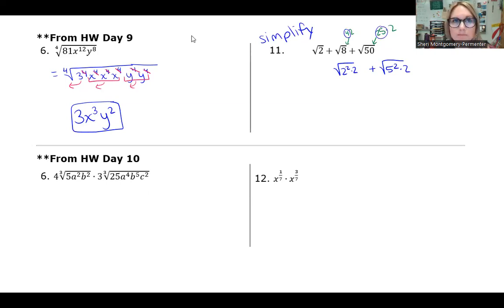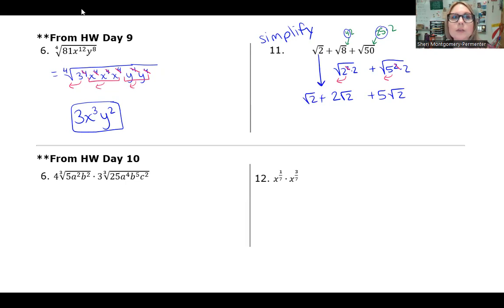So now when I take a look, these are just like these. Anytime that you have a number that matches the index, and in this case it's a 2, the 2 is going to come out. The 5 is going to come out, and so I can rewrite them. So this becomes 2 square root 2 plus 5 square root 2, and this just comes down.